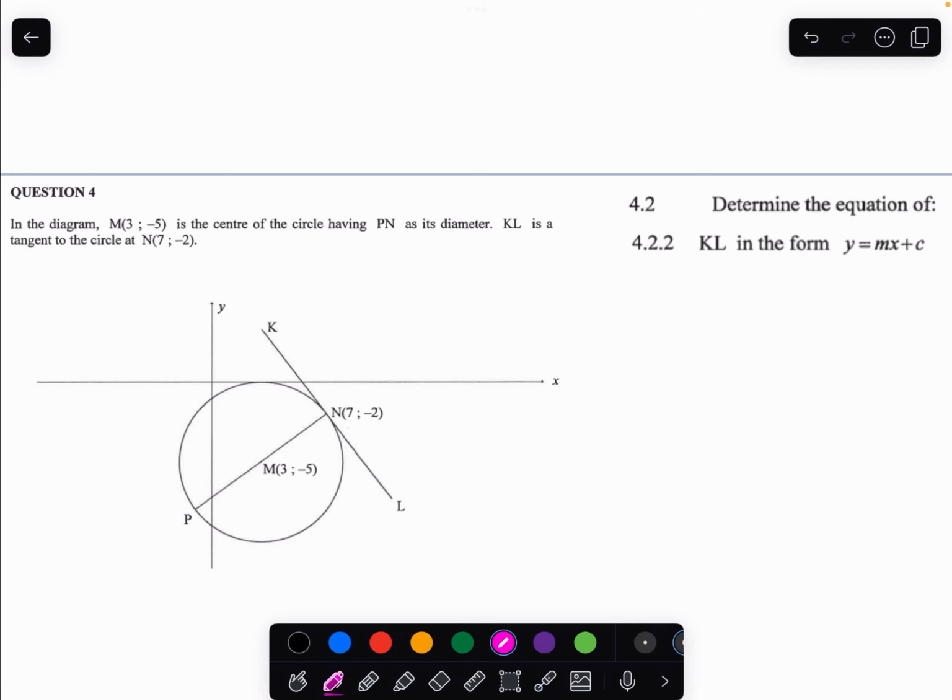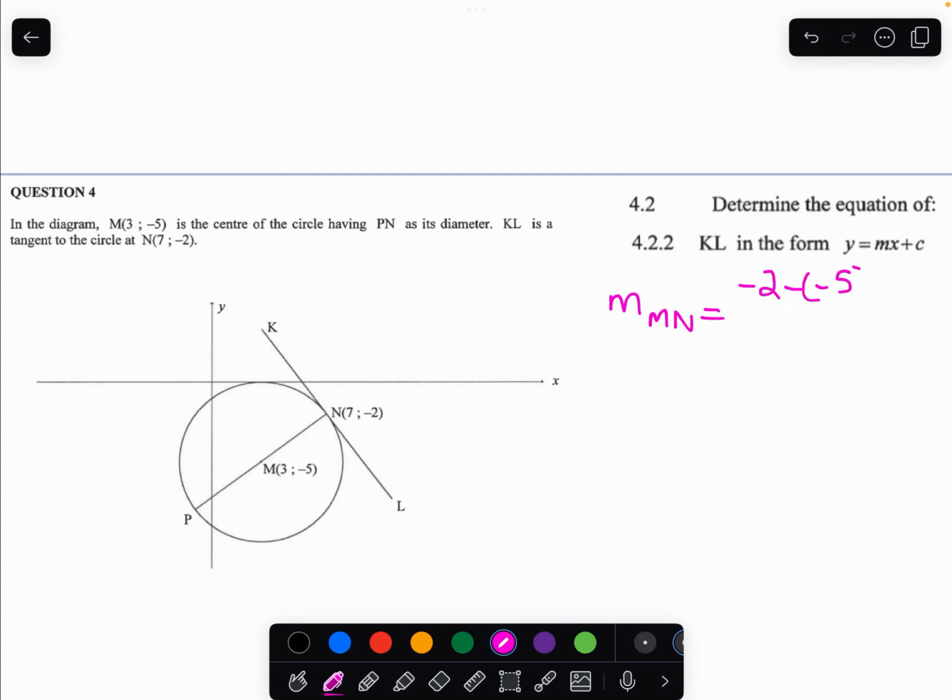So let's do it. Minus 2 plus 5 is 3. 7 minus 3 is 4.